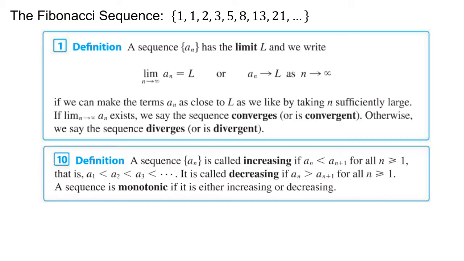One of the more famous sequences is the Fibonacci sequence. The Fibonacci sequence is the numbers 1, 1, 2, 3, 5, 8, 13, 21, 34, and you can keep going. Basically, it is a sequence where the number coming up is dependent on the numbers before it.